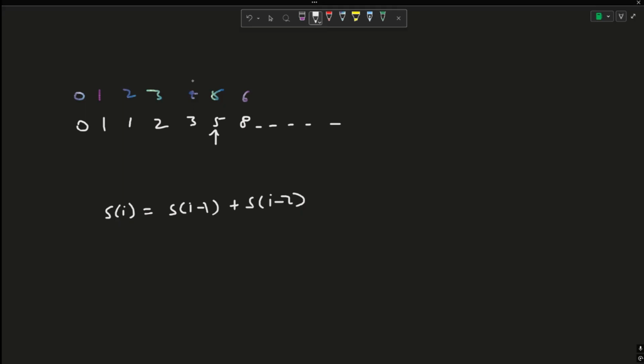The summation of these two. So this would be my recurrence relationship. How can I verify this?